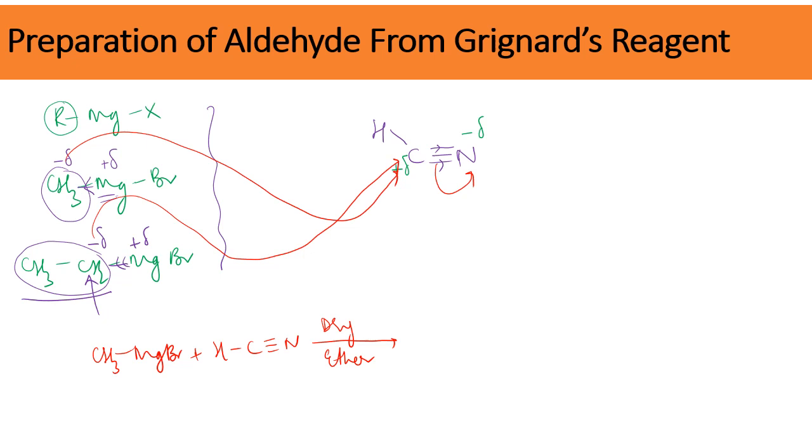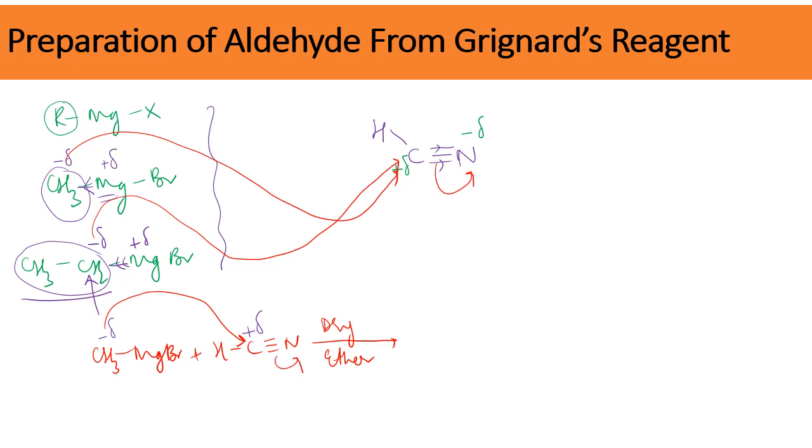Dry ether that is free of moisture, free of water, and just remember the polarities. This carbon has delta plus, and this carbon which is connected to magnesium has delta minus. And we will have the attack of this minus carbon on this plus carbon. When you make one, you break one.